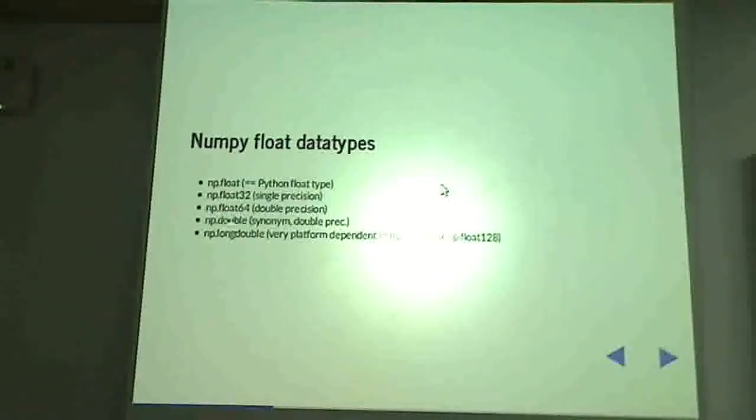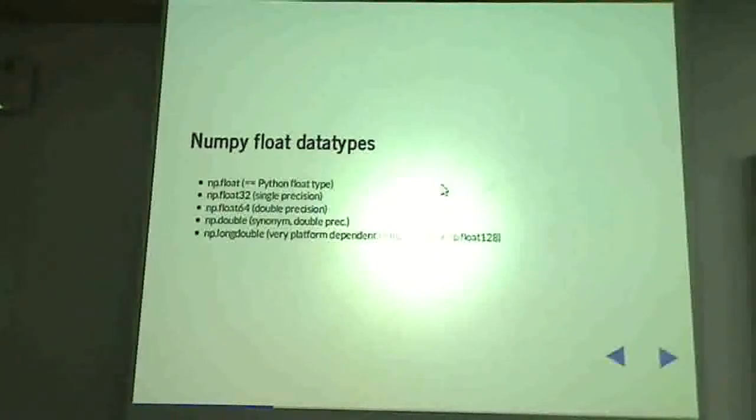There is something called np.double, which is a synonym for this, already double precision. But there is also something called np.longdouble, which unfortunately is not platform independent. You have to check for your particular platform how many bits it corresponds to.